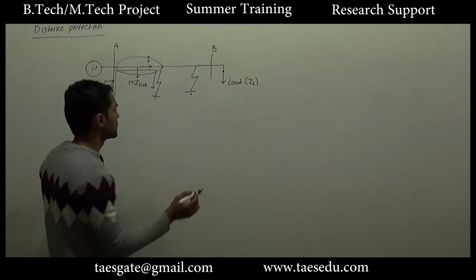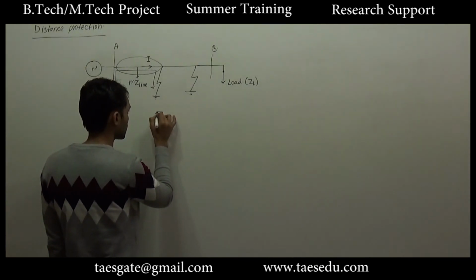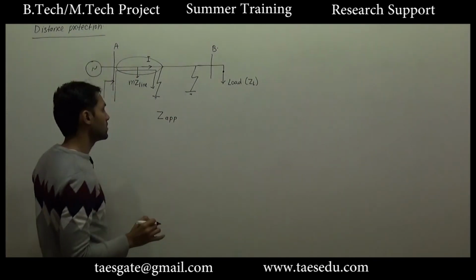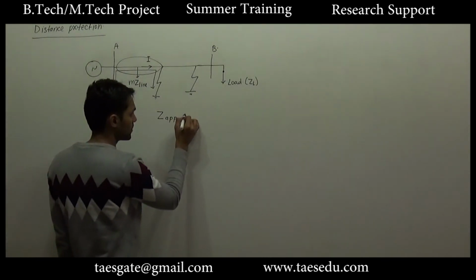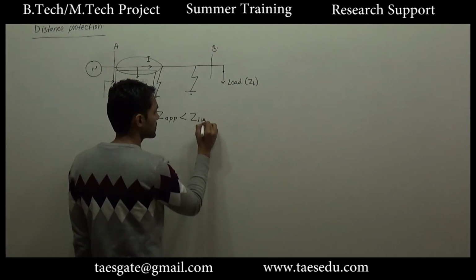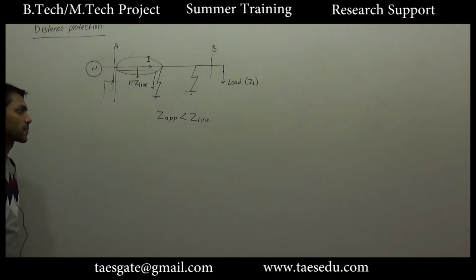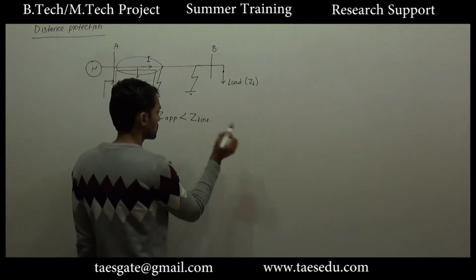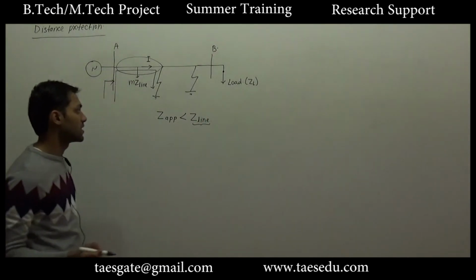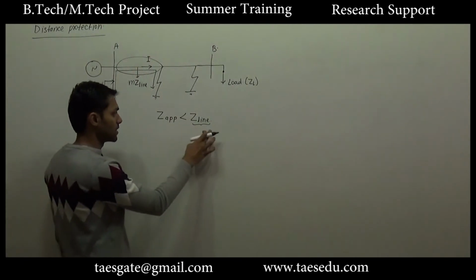As I discussed earlier, the principle of the operation of the impedance relay is we measure the apparent impedance seen by the source, and if this impedance is less than the total line impedance, we can say that a fault has occurred. Or, it is not necessary that the apparent impedance is always compared with the total line impedance.